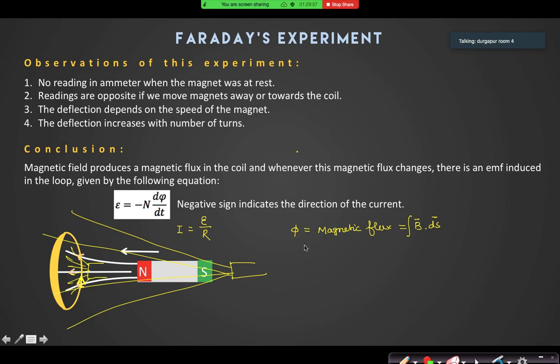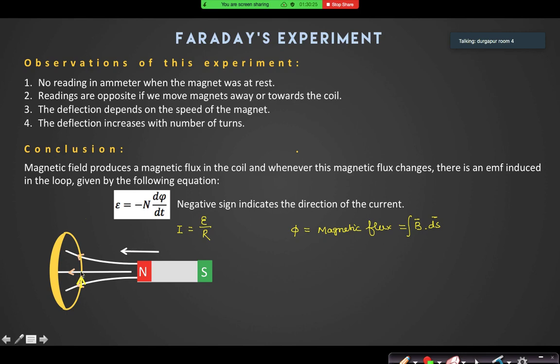The rate of change of magnetic flux also represents the speed. All right. Think about this particular situation. Suppose I am bringing that magnet closer to the loop with some velocity.